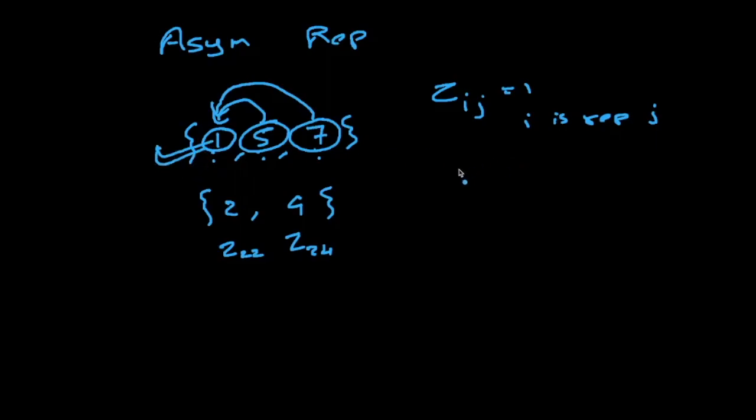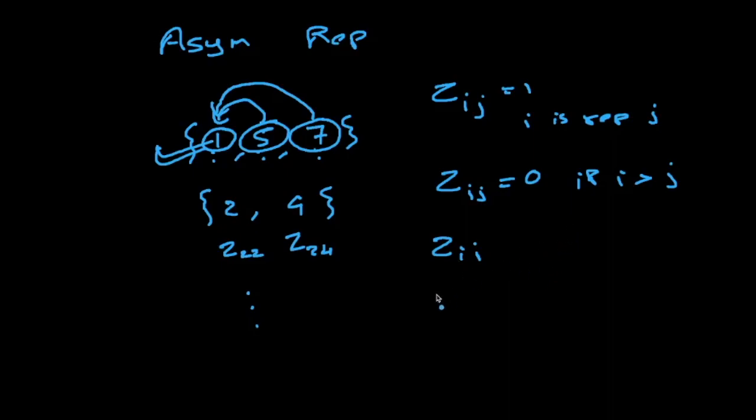So we can say that z_ij is equal to 0 if i is greater than j. So for whatever subsets there are, the representatives are of the form z_ii. So z11 is a representative, here z22 is a representative, 3 might also be a representative depending on which subset 3 is in. So z44 will be 0, because 4 is represented by 2, so 4 is not selected, that's why it will be 0.